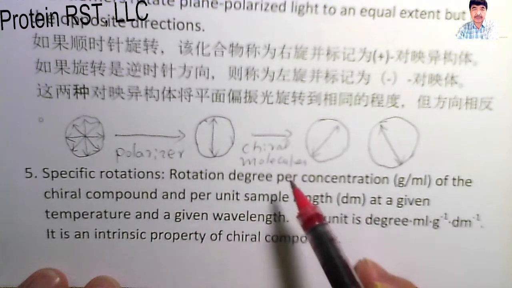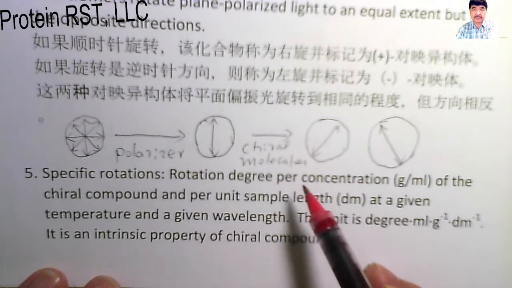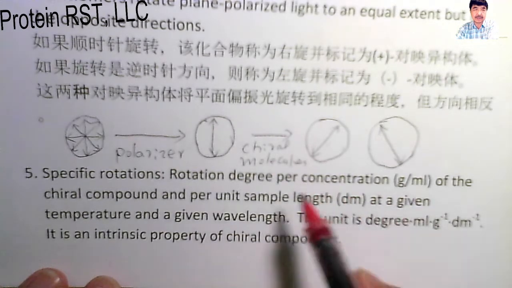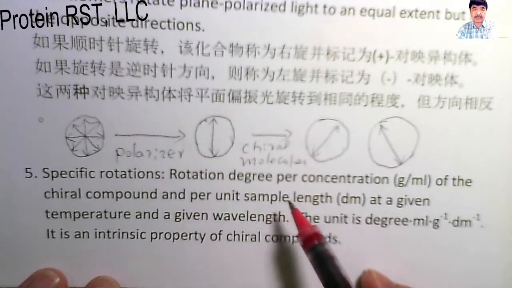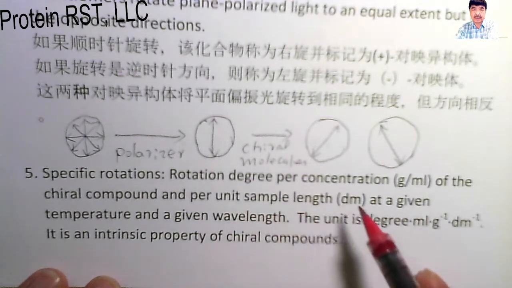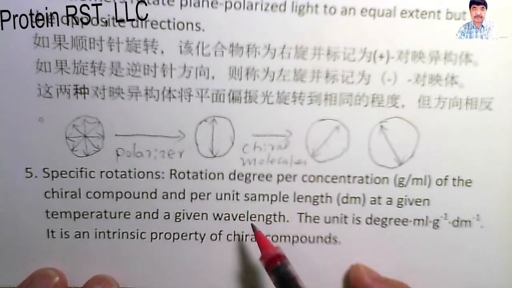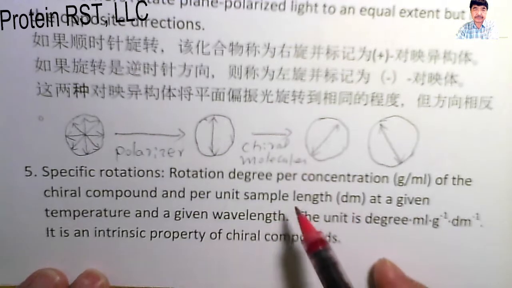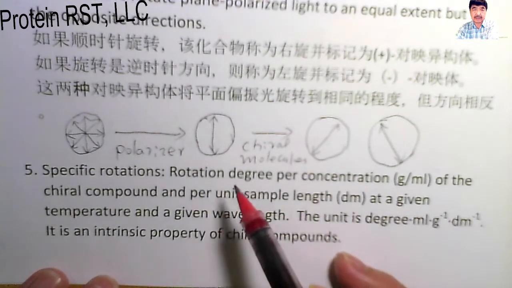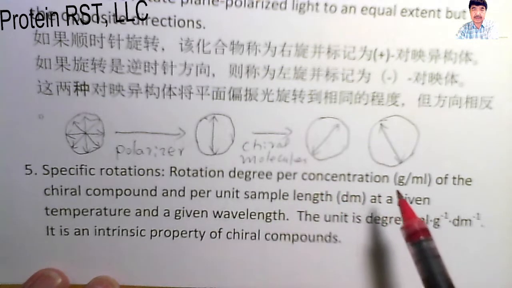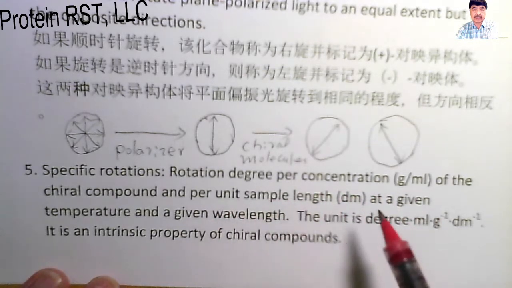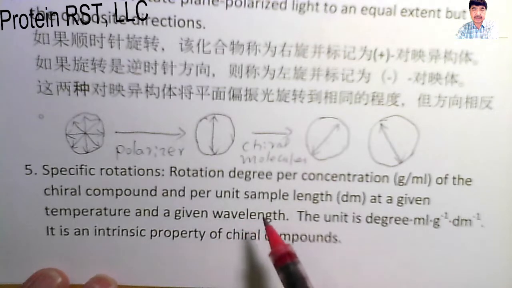The first things involved here are the concentration of the substance, the length of the substance, the temperature, and the wavelength of the light. The rotation degree depends on those things.